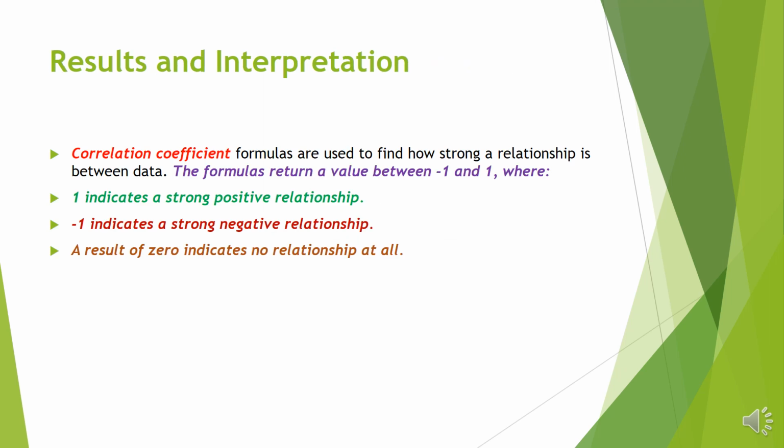So results and interpretation. Correlation coefficient R formula is used to find how strong a relationship is between data, or simply we can say that it measures the association between two variables. The formula returns a value between -1 and 1.